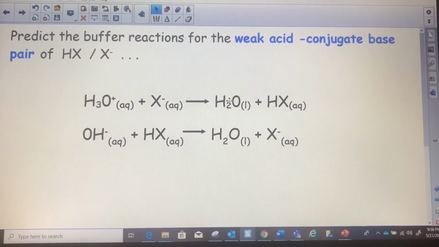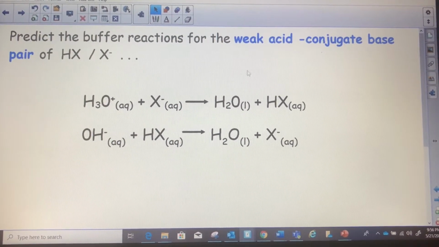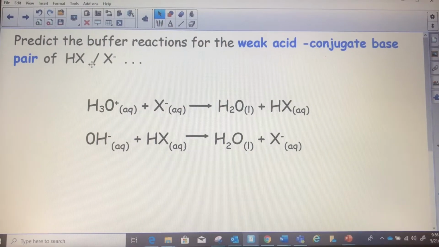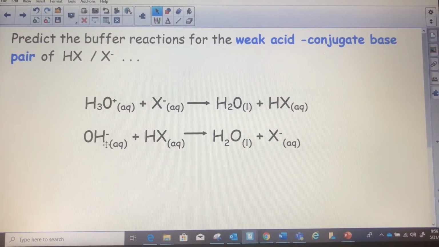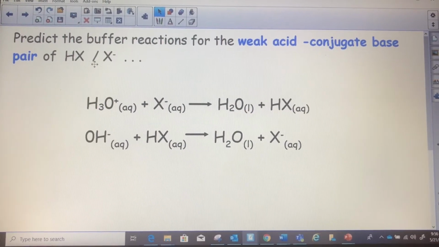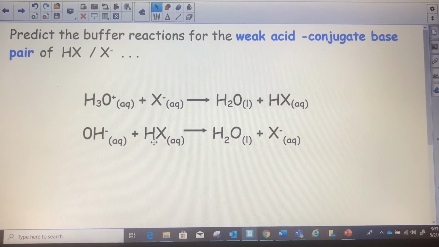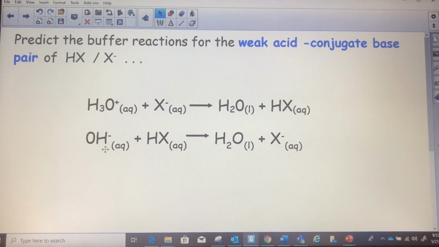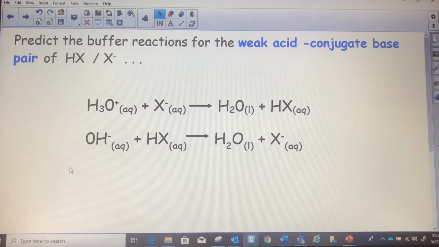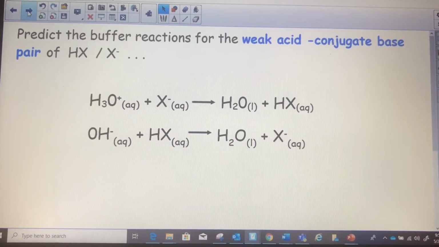So there's your water, and then it's just converted itself from the base to the acid. If you actually put that buffer in a basic solution, then the acid in that buffer is accepting the OH to form water and forming the X minus. And this just keeps going back and forth, keeping the pH neutral. So that's how buffers work.